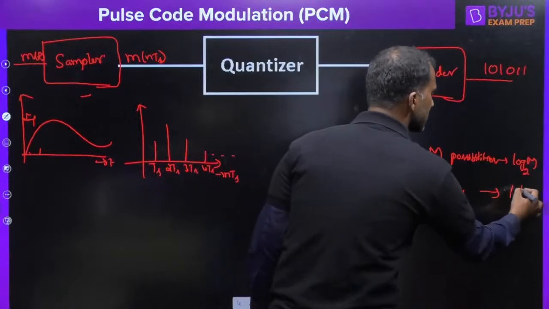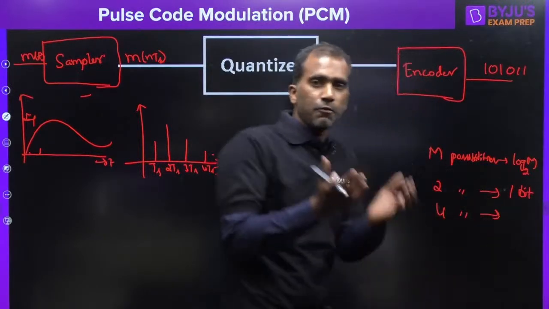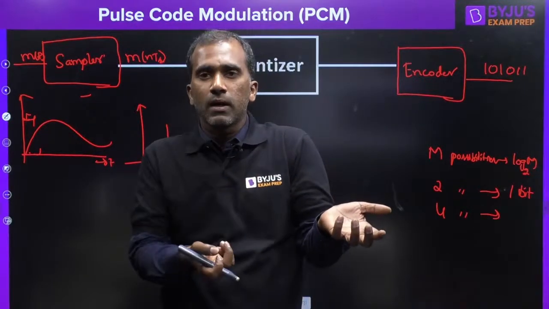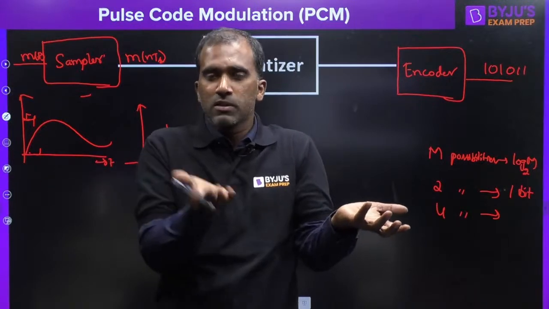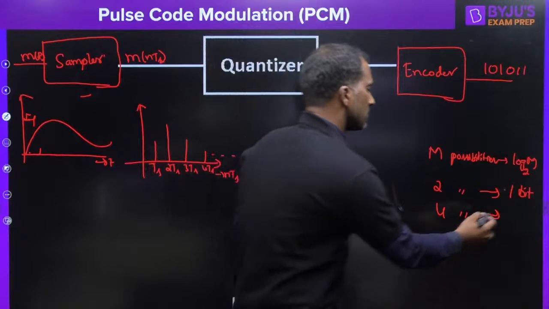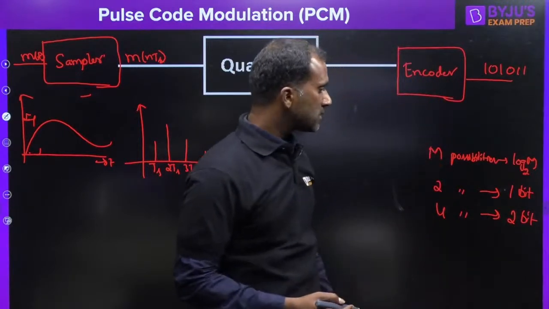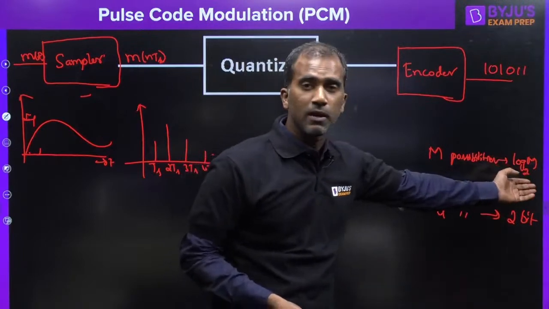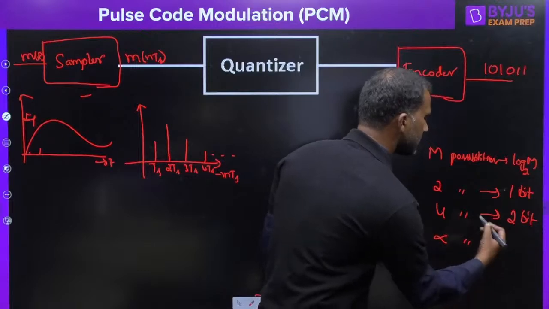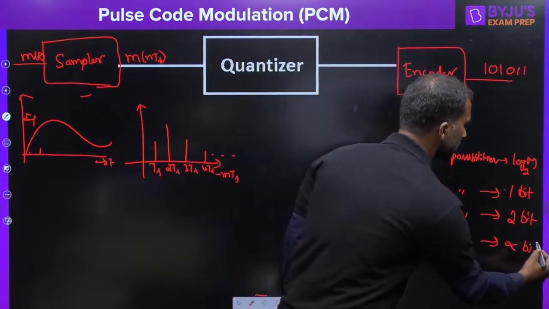How about four possibilities? If you want to name four things differently, how many bits are required? Two bits are sufficient: 00, 01, 10, 11. We can create four possibilities using 2 bits. Similarly, how about m possibilities? Is this formula okay? Log m to the base 2. How about infinite possibilities? If there are infinite possibilities, we need infinite bits.